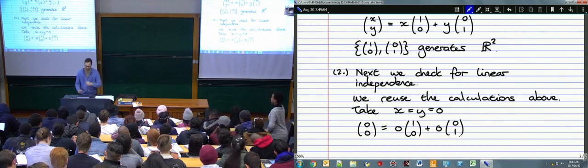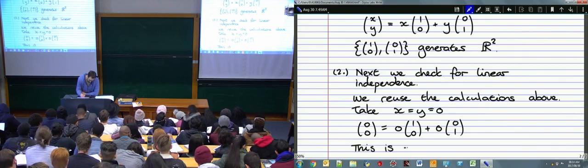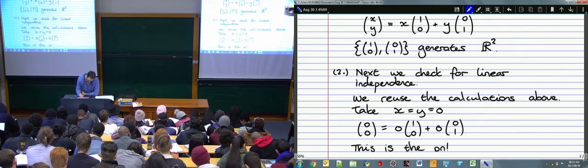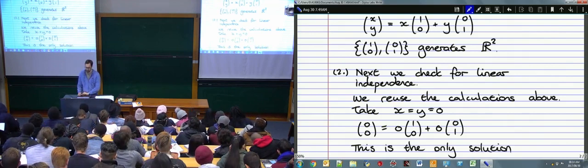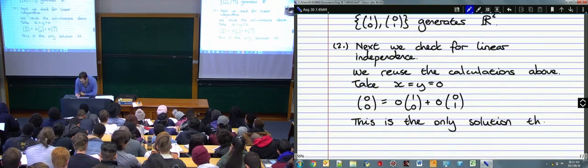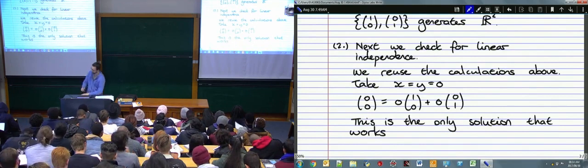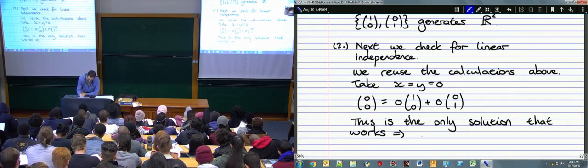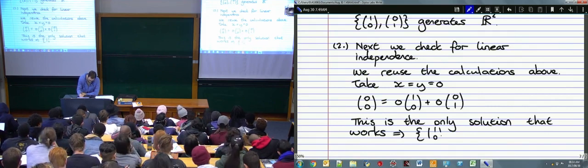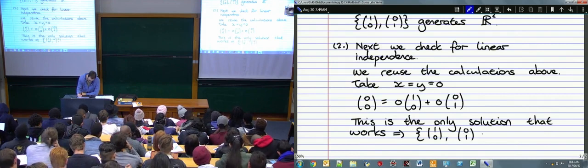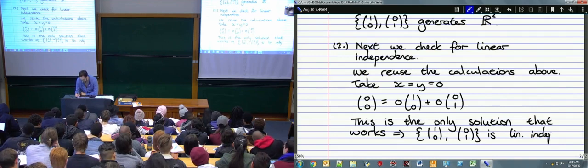So this is the only solution that works, which implies that this set over here is linearly independent.